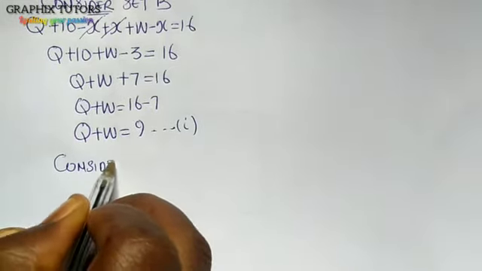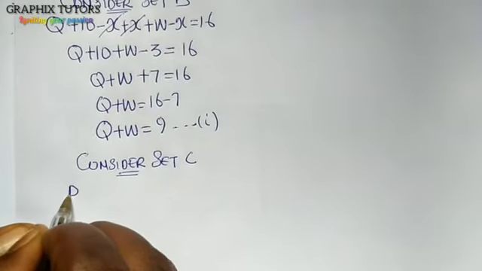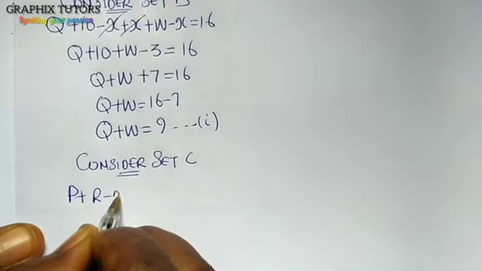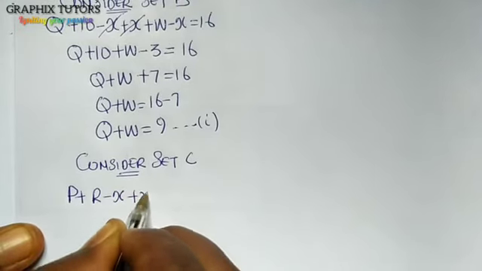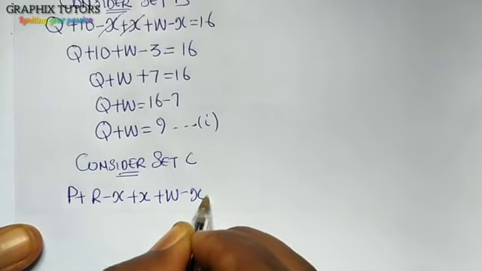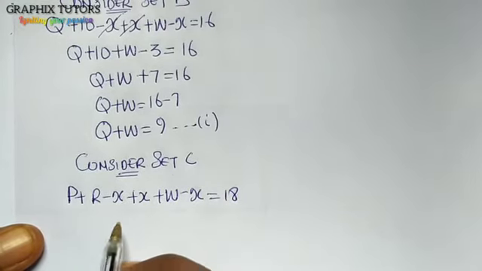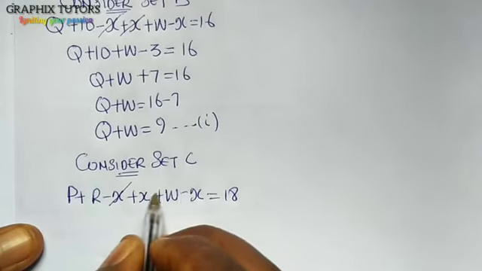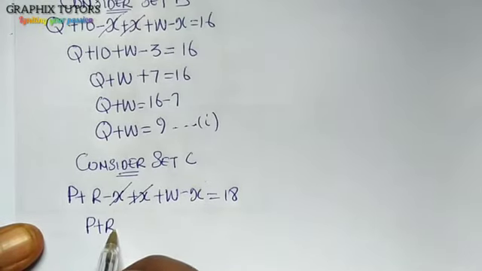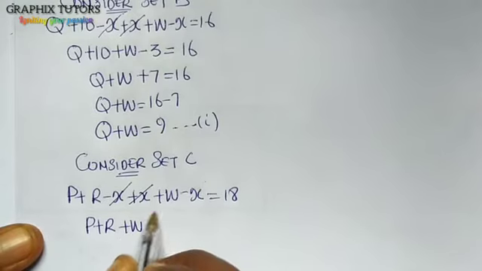I'm going to write it this way by saying P plus R minus X plus X plus W minus X is equals to 18. So we know this will equate this. So we say P plus R, right, plus W minus X.